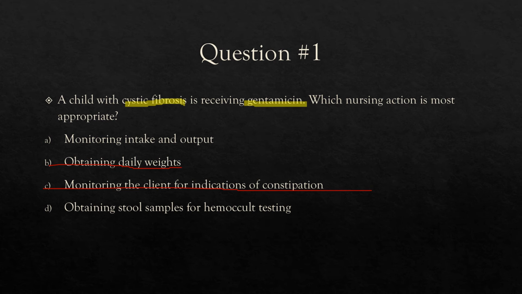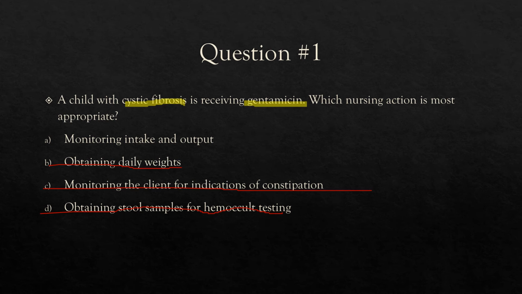Mainly if you were to obtain a stool sample while a patient is taking antibiotics, it would probably be for C. diff and not for hemoccult testing. So I would mark out D because it's just not matching up.